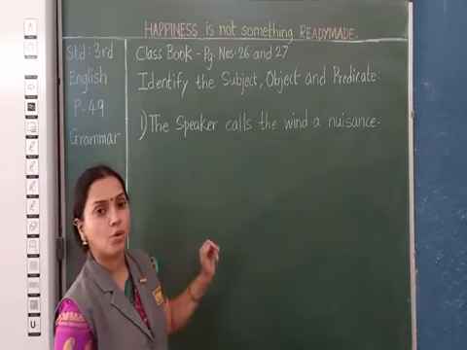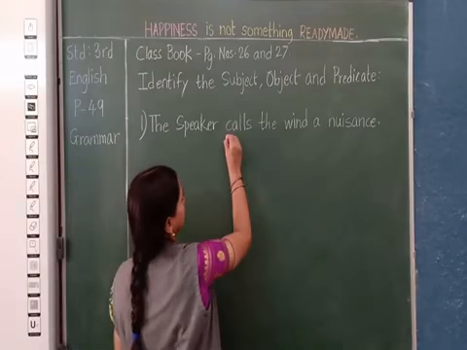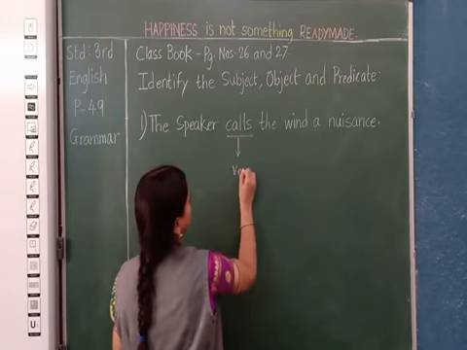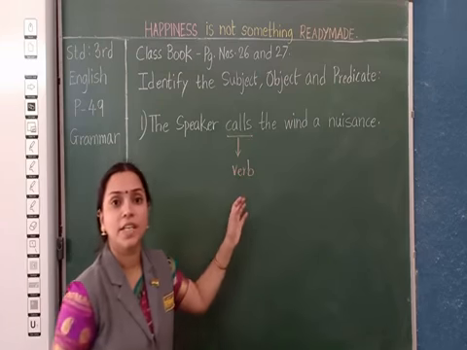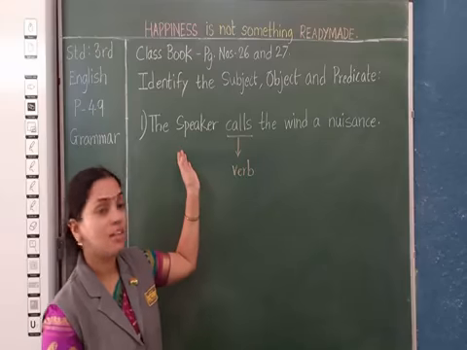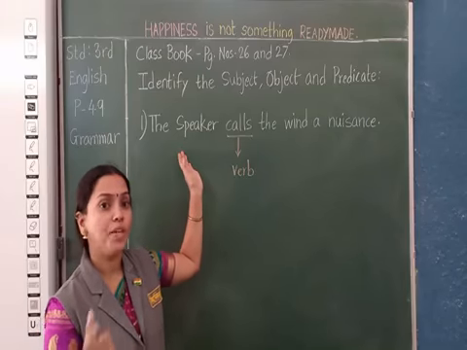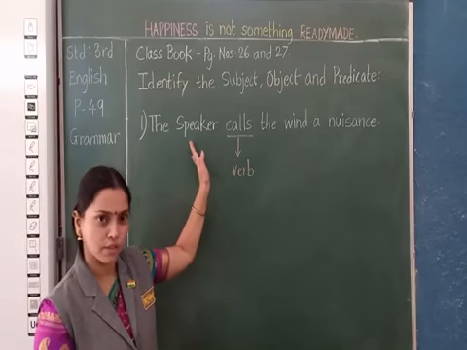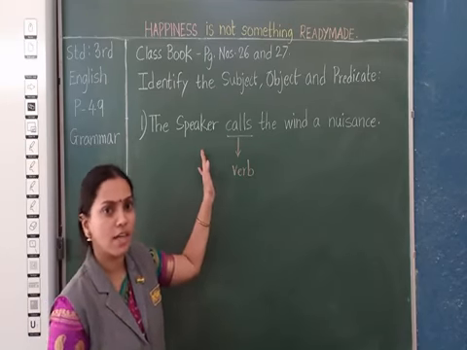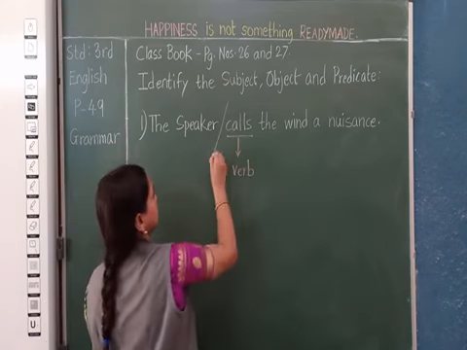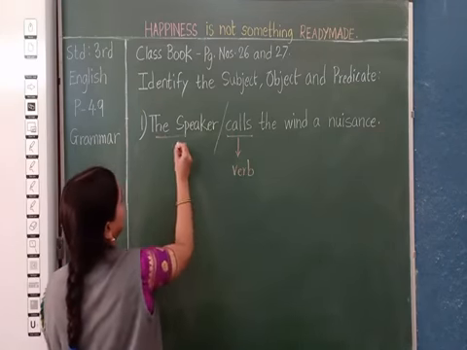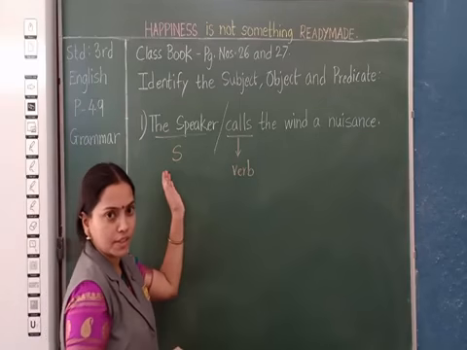Now you already know that calls is the verb. Now, action of calling. Who is calling? The speaker, isn't it? So we come to know that the speaker is the subject here. Let us write S for subject here.